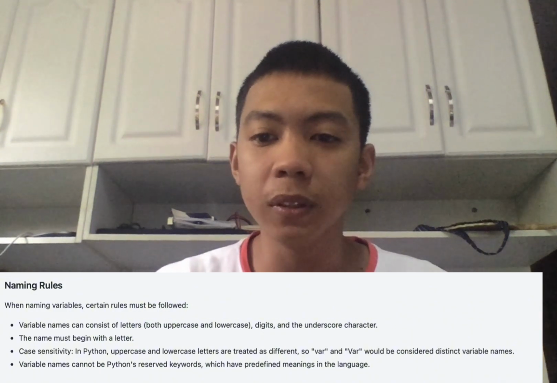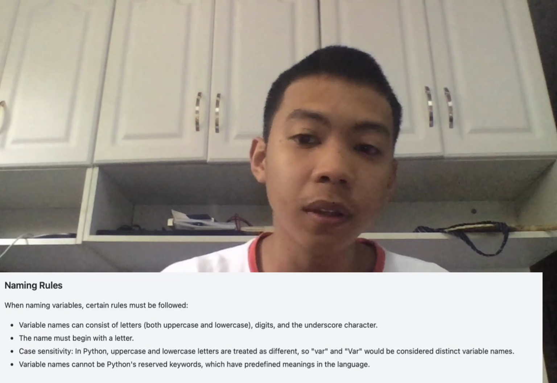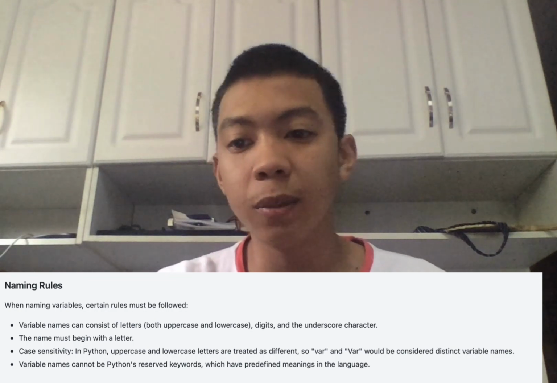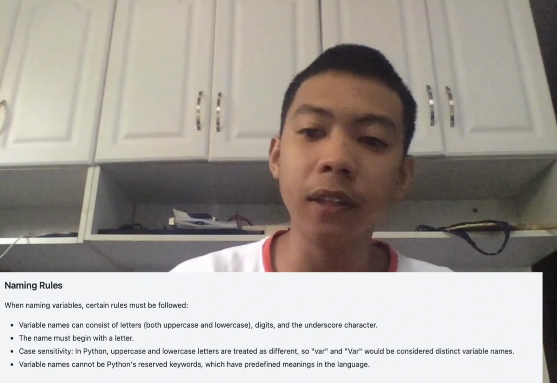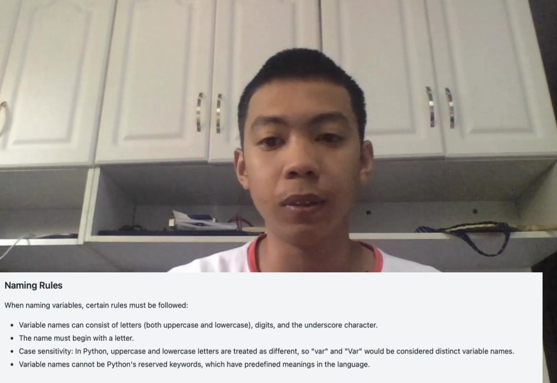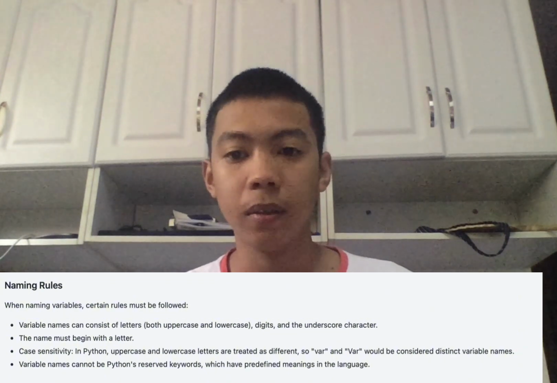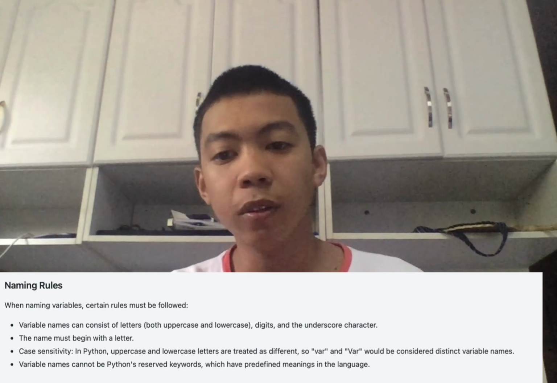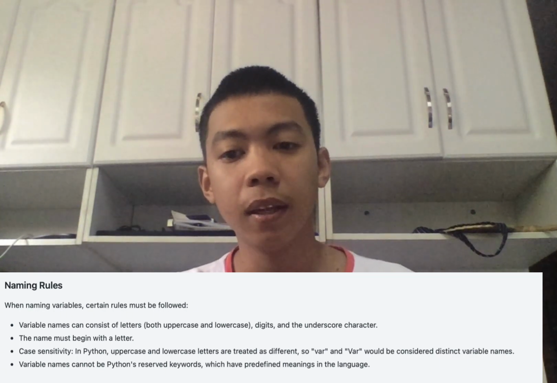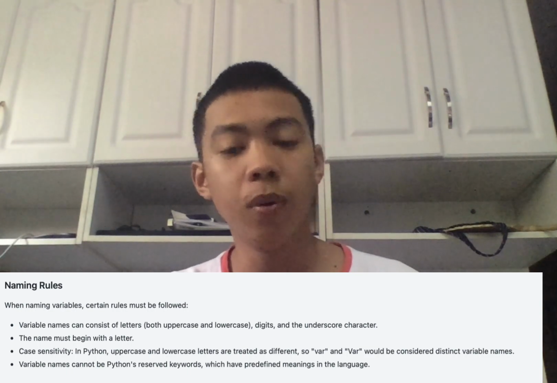Naming rules. When naming variables, certain rules must be followed. A variable name can consist of letters, both uppercase and lowercase, digits, and underscore characters. So, ayun po yung mga ginagamit natin. The name must begin with a letter. Case sensitivity: in Python, uppercase and lowercase letters are treated as different.